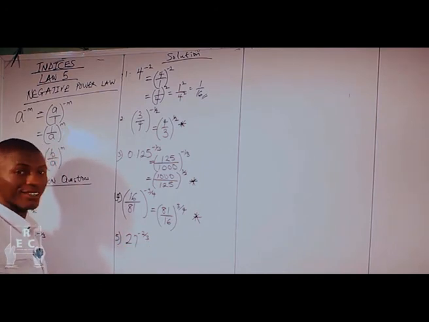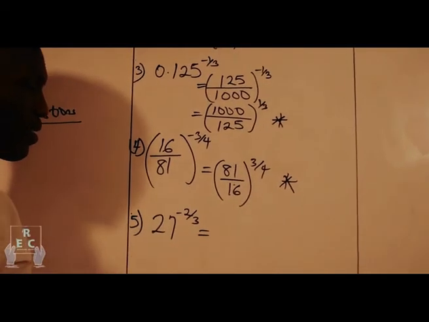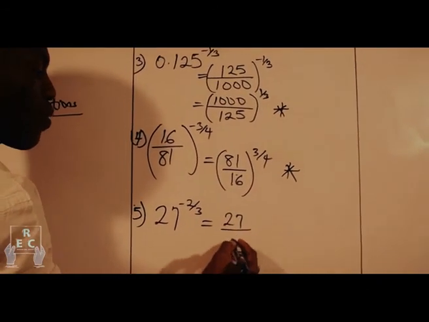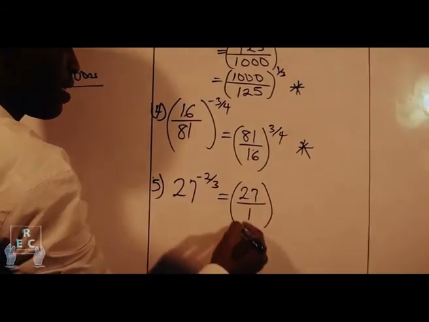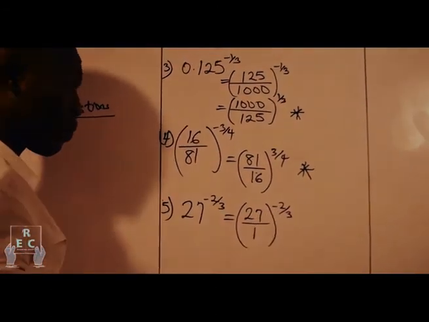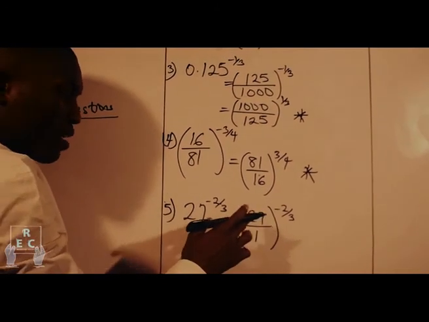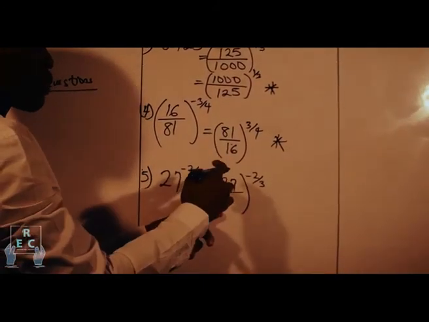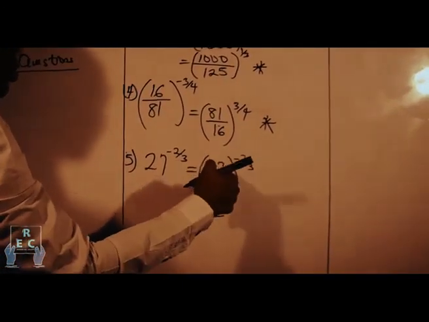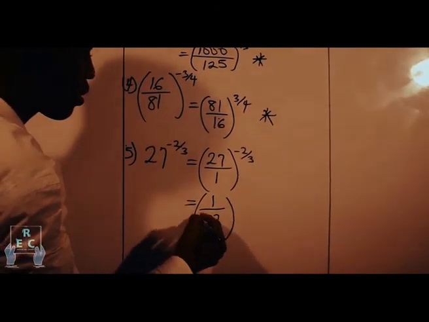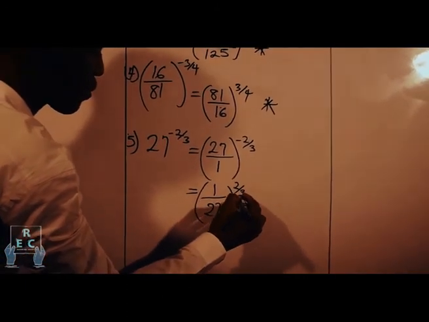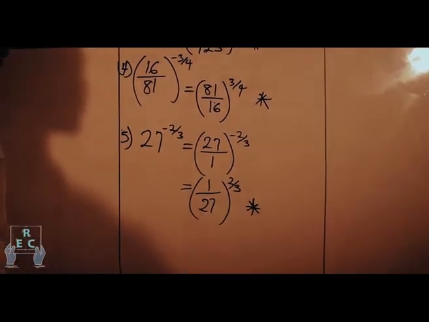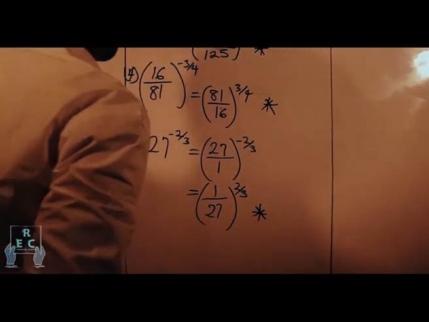What do we do here? Change this 27 to a fraction. That gives us 27 over 1, raised to minus 2 over 3. We just changed it to a fraction first, and thereafter we use the law. Change this to its reciprocal: 1 becomes the numerator, 27 the denominator, raised to 2 over 3. Can I move on? Yes, asterisk. That's not the final answer, but for the sake of this law, we stop here.